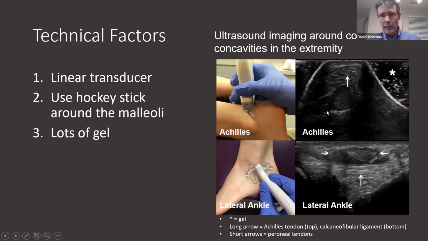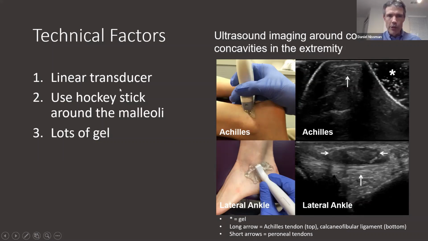When you're looking at something large like the Achilles tendon, here I'm in transverse, and you might say you're only using a small proportion of the transducer length, but when you go in long axis, and you'll see images of this later, you can see a lot more of the tendon that way.